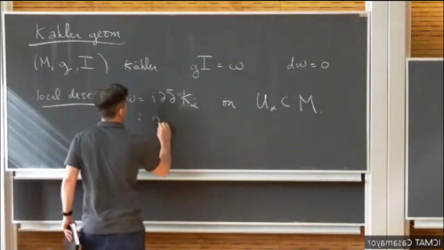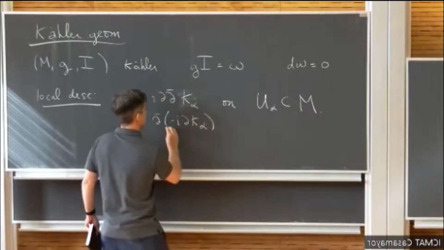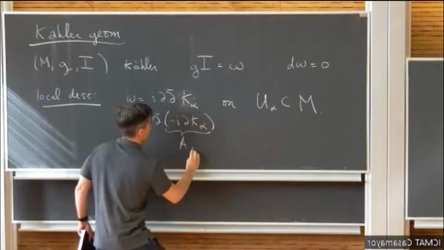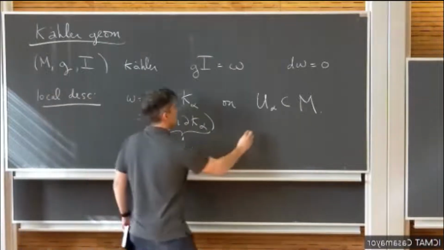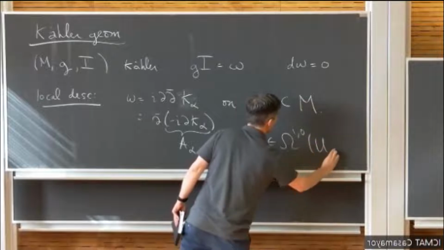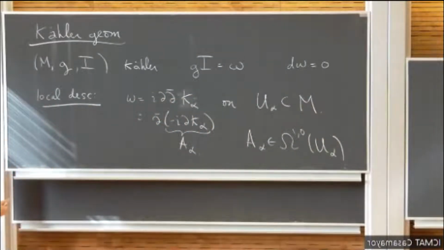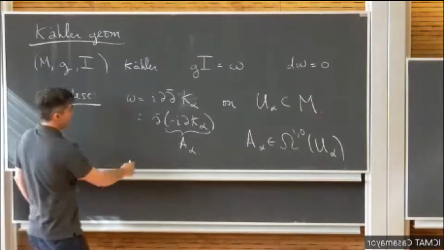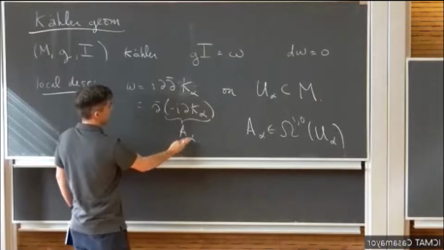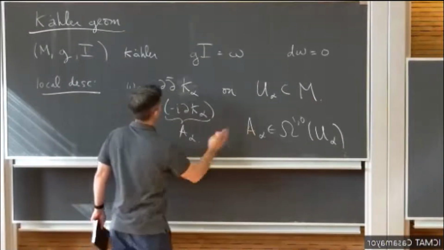And I'm going to write this as d bar of minus i del k alpha, which I'll give the name A alpha. It's a one form. A alpha is a 1-0 form on U alpha. This A alpha is obviously not closed, and it's obviously not holomorphic.